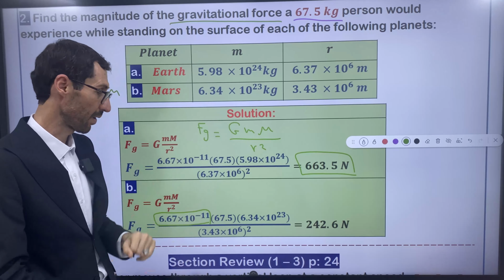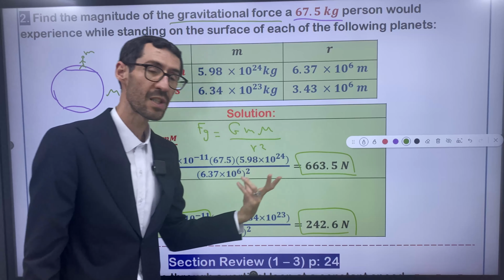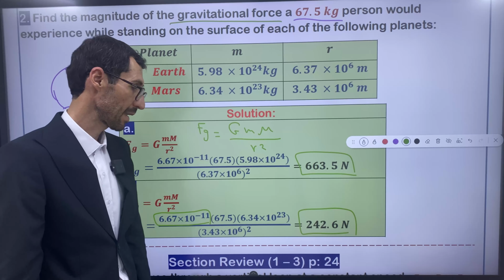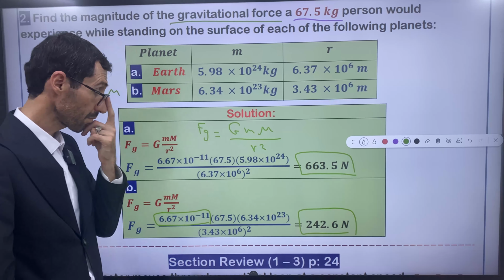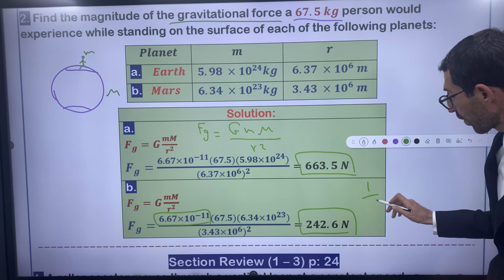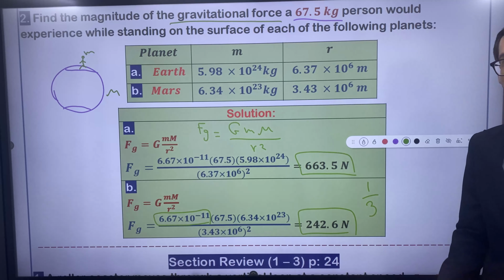And the answer will be 242.6 Newton. Compared with the weight of the same person on the surface of Earth, you see that it turns to 1/3, right? 1/3 of the weight of a person on Earth. So it reduces by a factor of 1/3 because the planet is smaller, right?